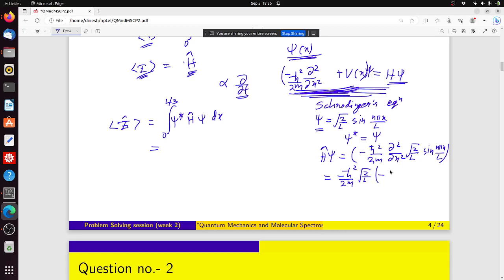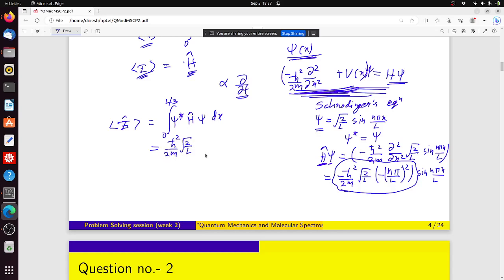I assume you all know derivatives, so I am skipping the steps. Square, and this is n pi x by L, right? If I operate this H on psi, this much I will get. Okay, so these all are constants, so I can take them out. There is a minus here, there is a minus here, so it will be plus. So effectively I will have h square by 2m.